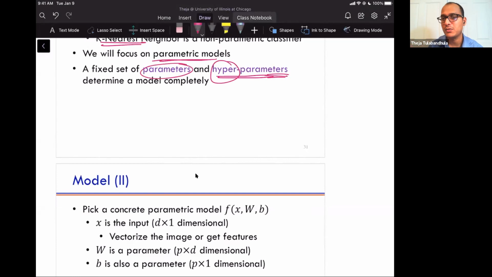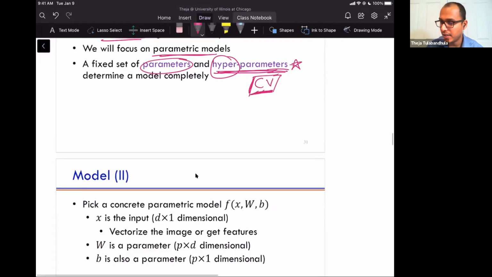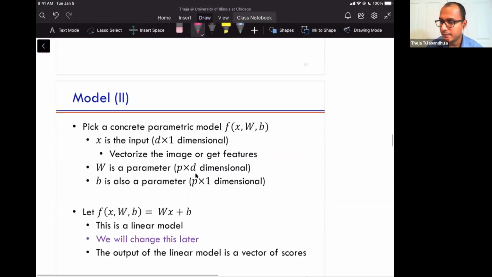Just think of two sets of parameters chosen in different ways. Some of you who have done cross-validation or something similar know that cross-validation is one way to choose hyperparameters. But we'll talk about that in a minute.